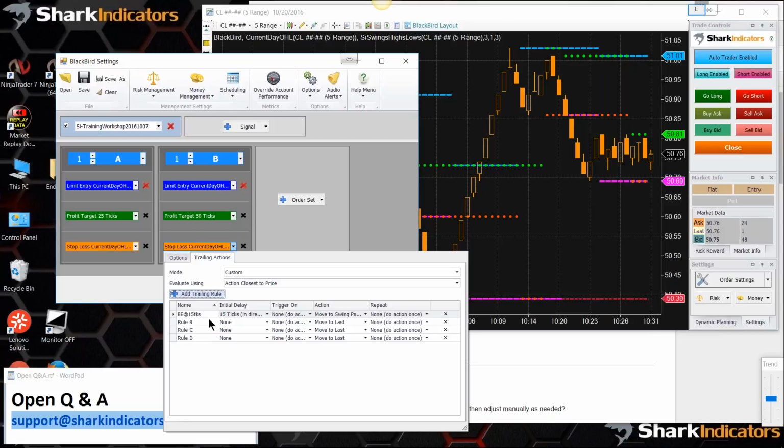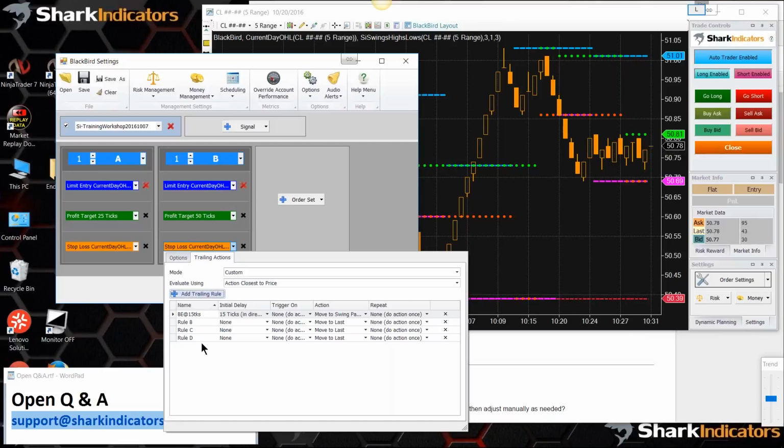So you have to set a priority, which one of the four rules has the priority to actually execute, because you can't execute four different rules. You can't move one stop loss to four different places at the same time.